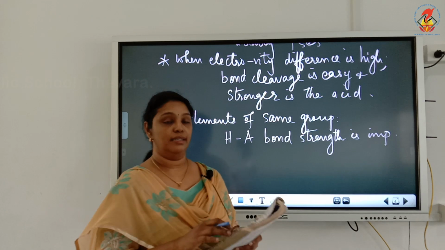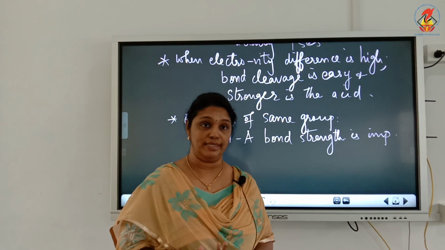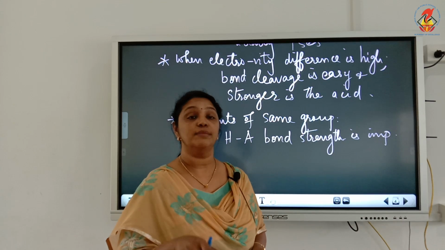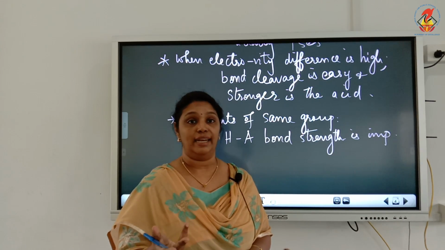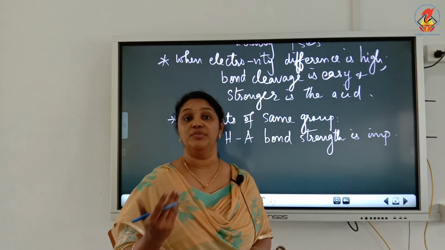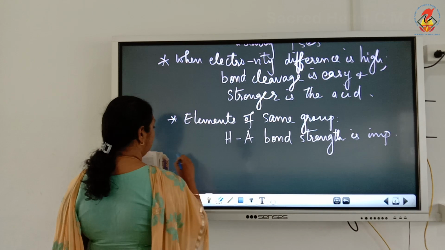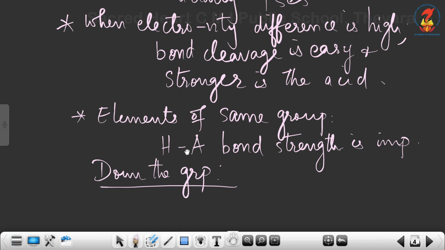Because we know that down the group, the size of the atom increases. So bond length increases, bond cleavage is very easy, so acidic character becomes very strong down the group. Okay, so I am going to write that down. What happens down the group?